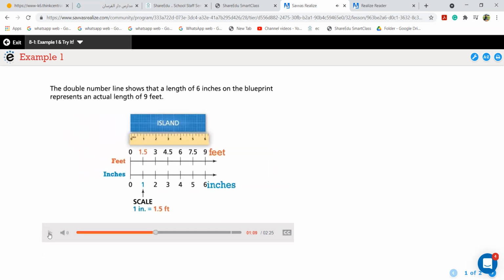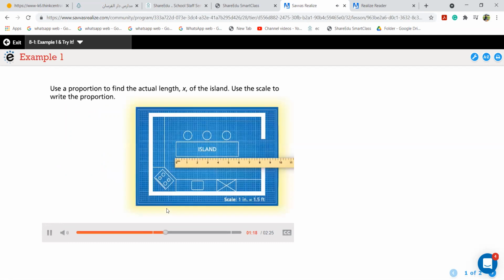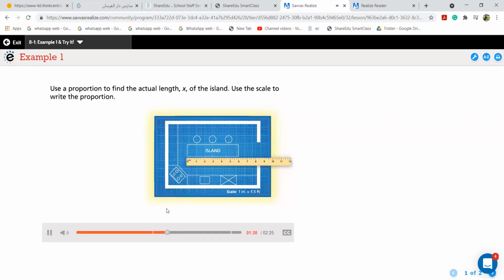Okay, it's 9 feet. Understood, girls? The double number line shows that a length of 6 inches on the blueprint represents an actual length of 9 feet. Another way to solve the problem is to use a proportion to find the actual length, x. I feel this is easy.